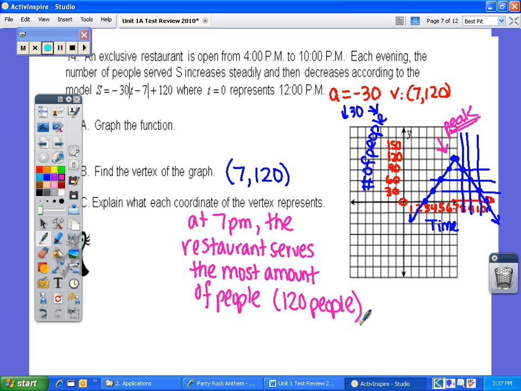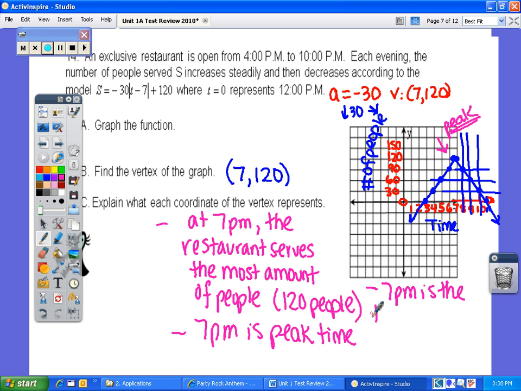So 7 p.m. is peak time. Okay, that's another reason you can say. Or you can say that 7 p.m. is the time with the most people. Okay, so you can say all of those reasons, but all of those reasons would be correct.